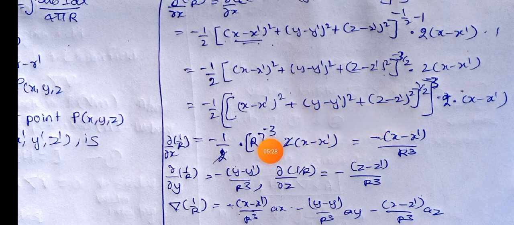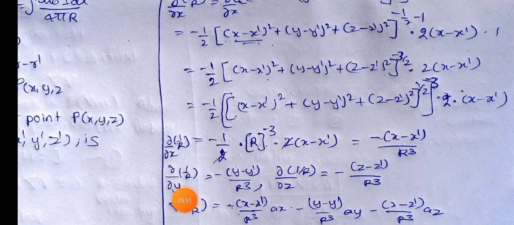So minus half into r to the power of minus 3 into 2 into (x minus x dash). The 2 is cancelled. What you are getting is minus (x minus x dash) by r cube. So this is the differentiation of 1 by r with respect to x.